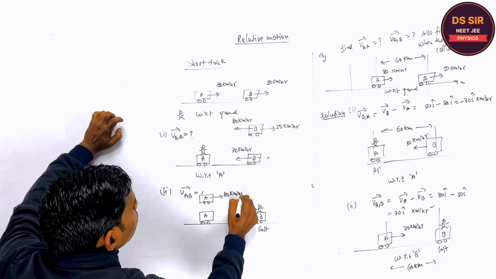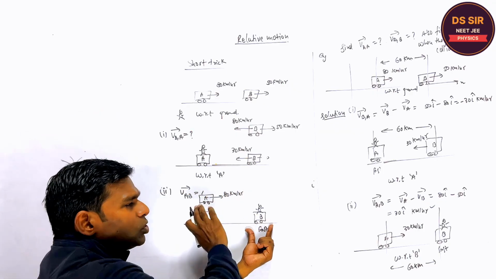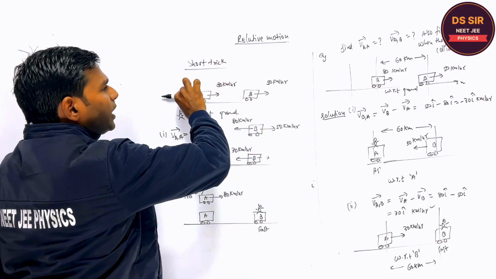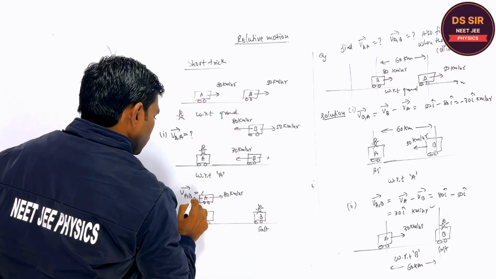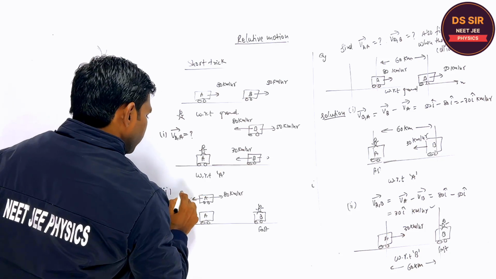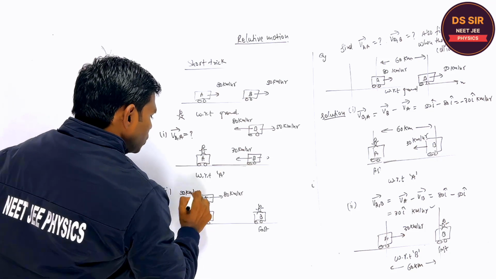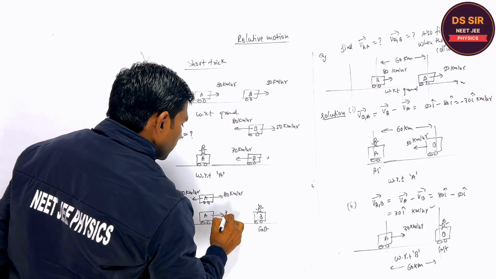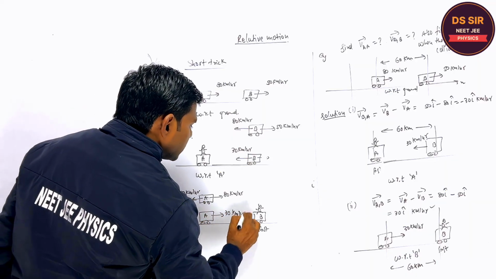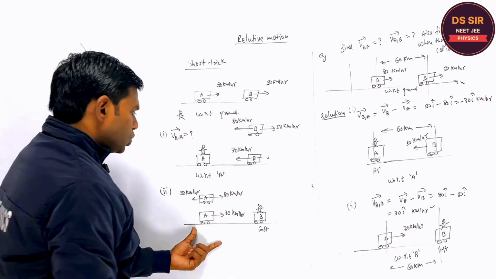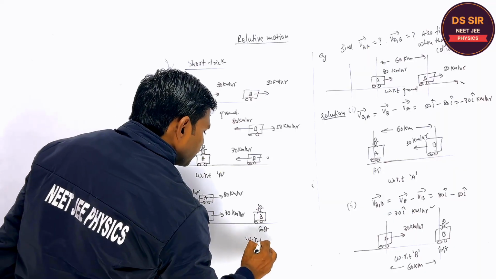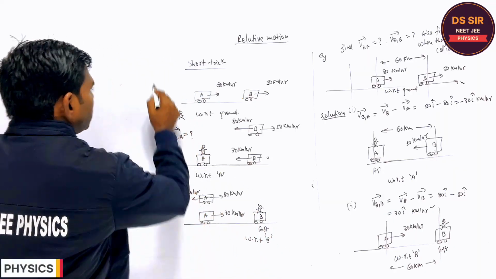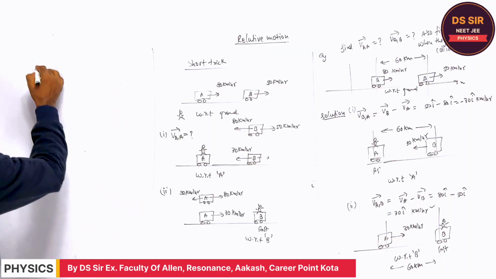So what you have to do? To find the relative velocity of A with respect to B, transfer B's velocity to A, but in the opposite direction. So it is 50 km per hour. Can you tell me what the resultant is? 80 minus 50, 30 km per hour. Is it clear or not? So this is the figure with respect to B. Is it clear or not? Listen, one more thing. A few more examples.